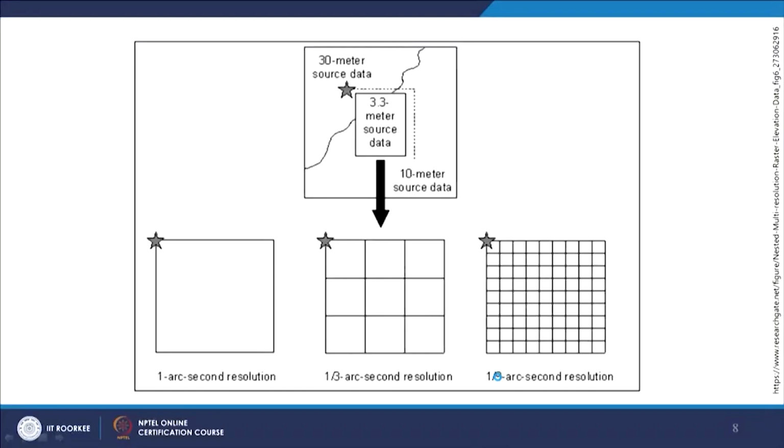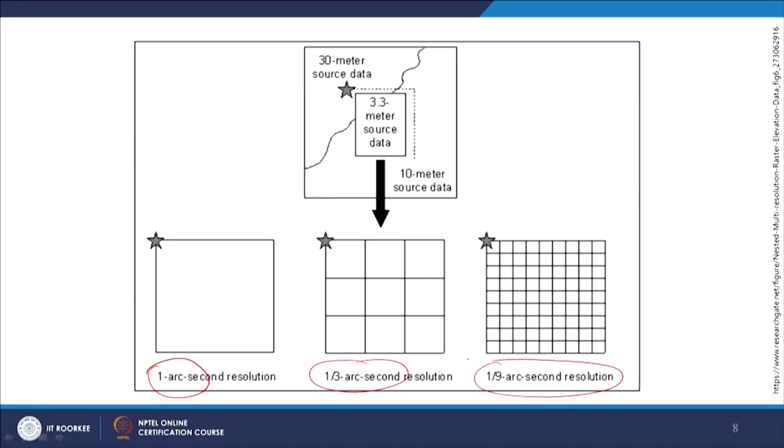Now here, for further discussion on this, sometimes you get the data in this kind of wording: 1 arc second, 1/3 arc second, 1/9 arc second, 3 arc second, and what does it mean in terms of meters and other things.